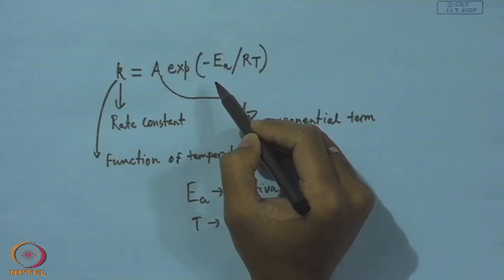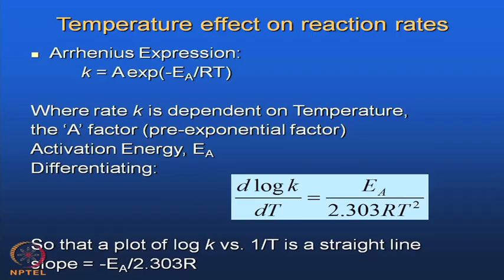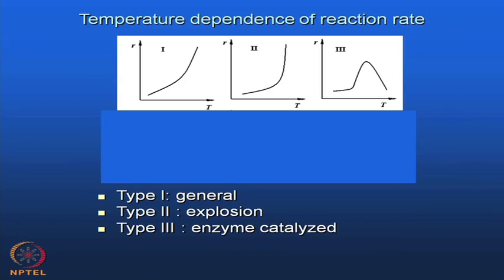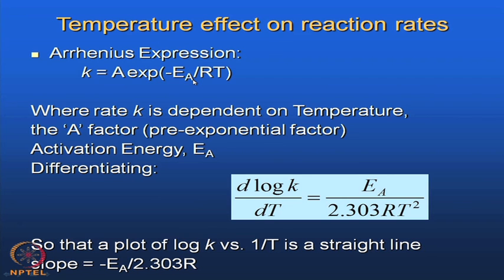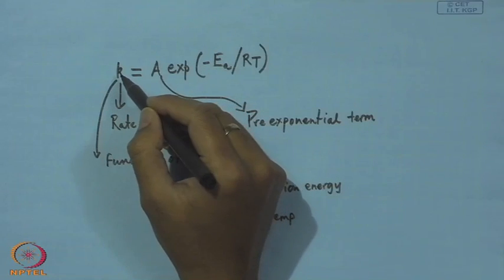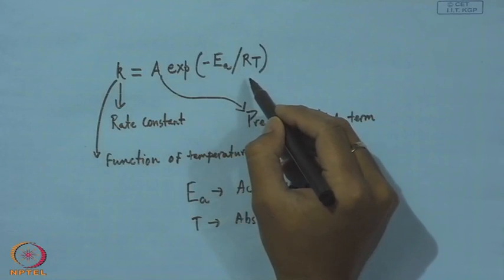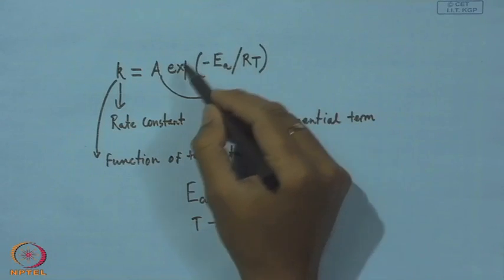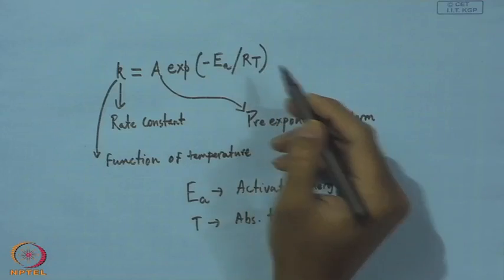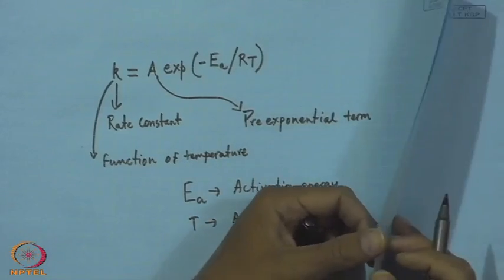If you go back to the earlier slide, that is the type 1 pattern, rate versus temperature, you see it rises. In the same way here also, k is increasing with temperature.